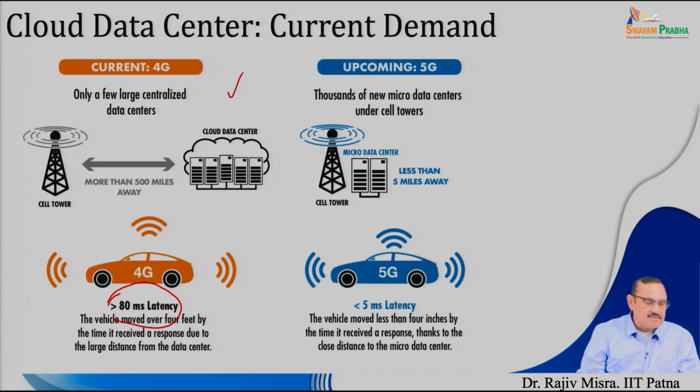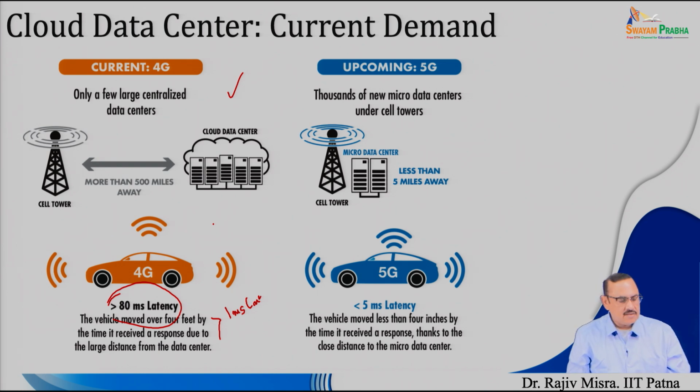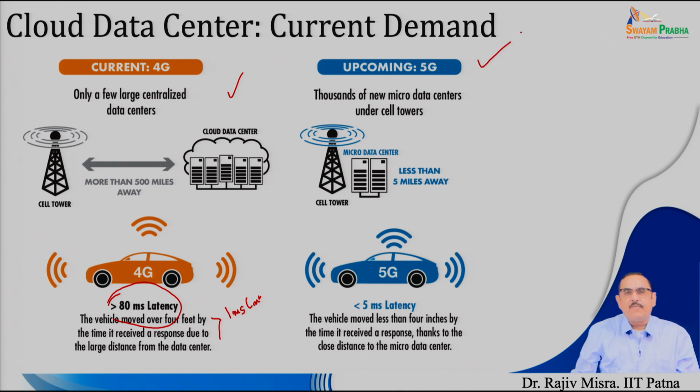So, latency sensitive applications such as self driving cars, which require less than 1 millisecond latency, cannot be supported with technologies such as 4G. Now, the upcoming 5G technologies require not a centralized cloud data center, but every base station will have its own data center, called a micro data center, or edge data center.